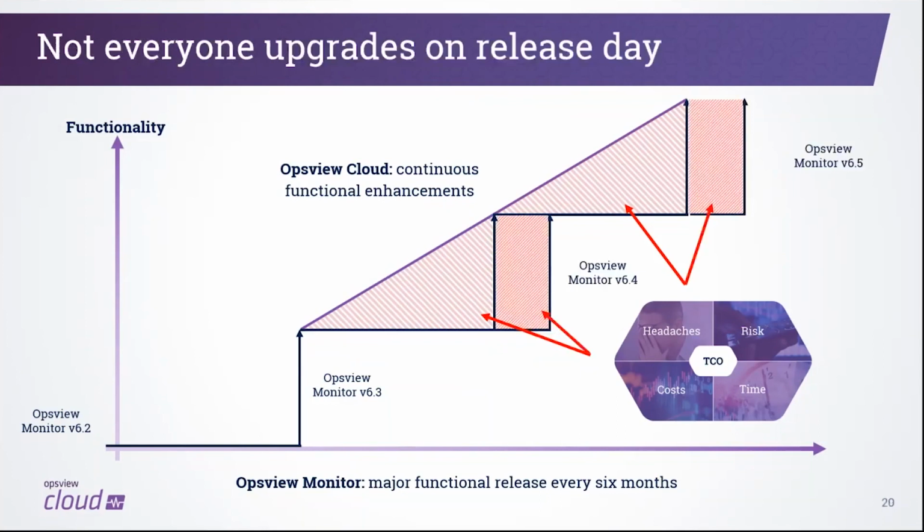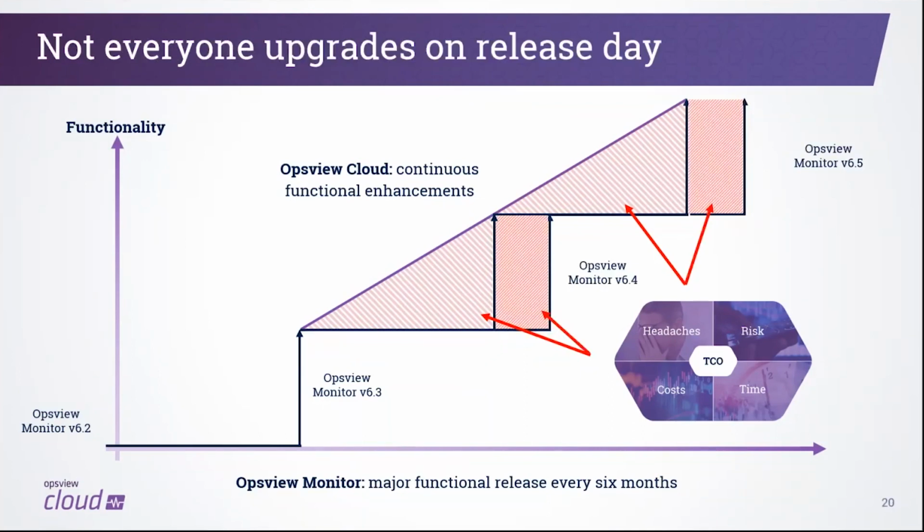And again, as Brent mentioned, not every customer upgrades on the day that we release. We know that it takes some people days or weeks or months. Occasionally, it takes years. So again, just thinking about those sort of headaches and costs and time and risk. Just sort of have this chart in mind.